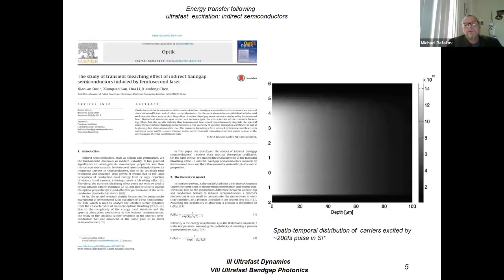There is another paper, mostly theoretical, on how this process goes through the ultrafast excitation. So we have here what's going on in the near surface layers of silicon and germanium, the two materials generally discussed here, mostly silicon. We did it for germanium, but here we have the silicon case.